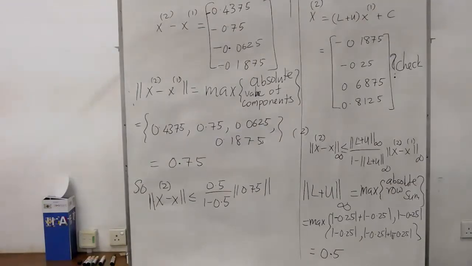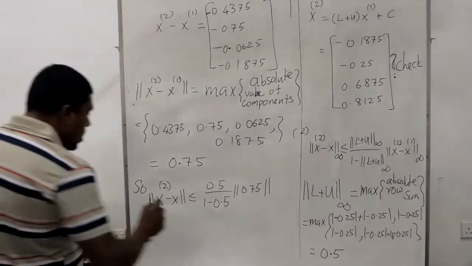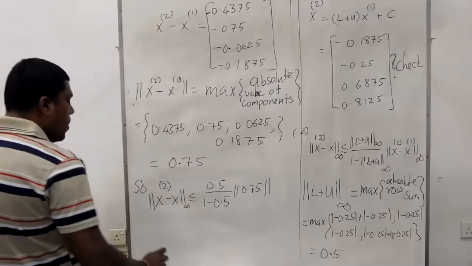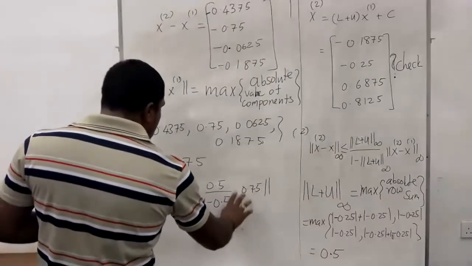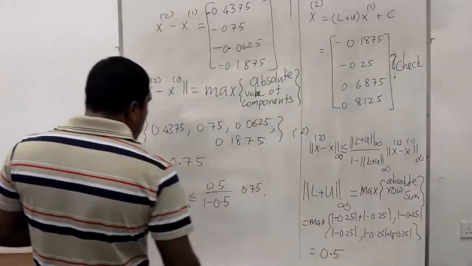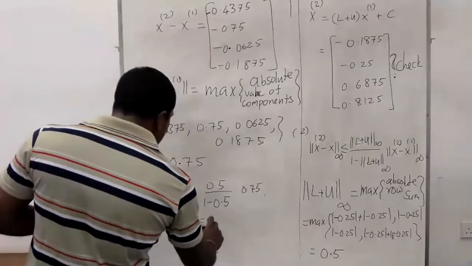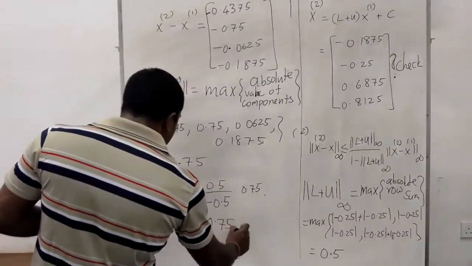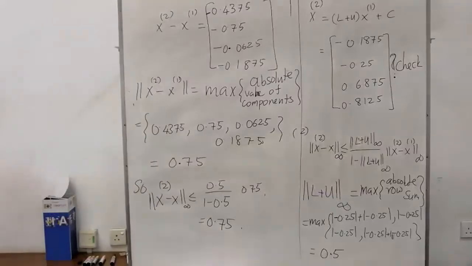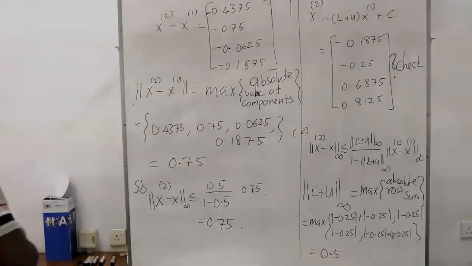So here the error bound is 0.75 when you approximate x2 as the approximation for the original solution x. This is how you determine the error bound.